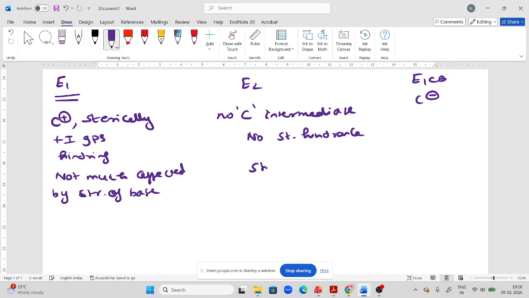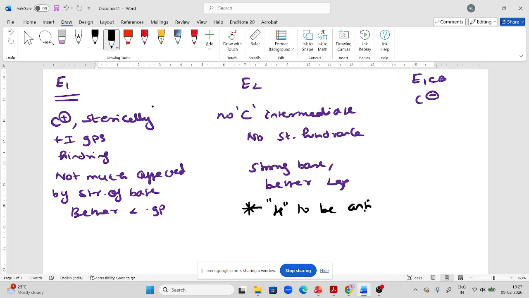Here it needs a strong base, and a better leaving group is a must for both, isn't it? Yes, ma'am, both of them need a better leaving group. There is one thing specific about the E2 mechanism: it definitely needs a hydrogen anti to the leaving group, isn't it? Here no stereochemistry specificity is there.